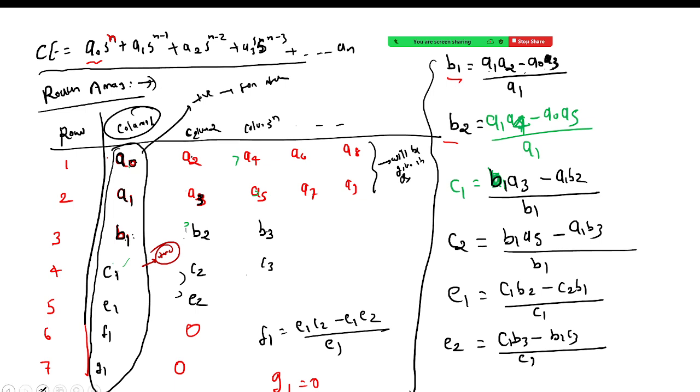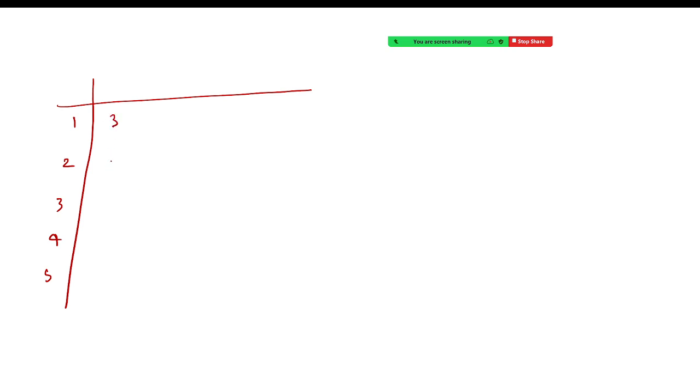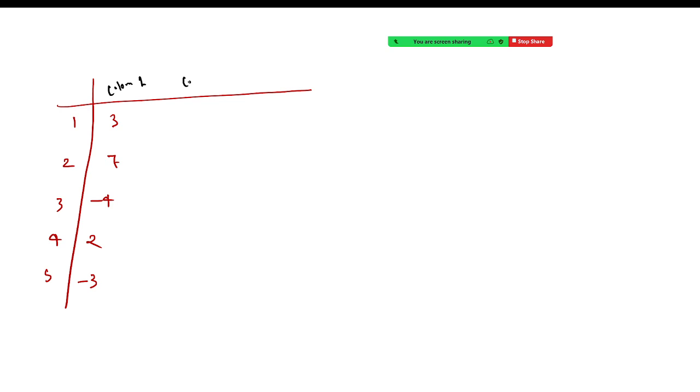But let's say you have made this particular column from the characteristic equation, rows 1, 2, 3, 4, 5. Here you have got, let's say, 3. Here you got 7. Here you got minus 4. Here you got 3. 2. Here you got minus 3. In a problem, if you get this kind of coefficients in the first column, you see this one is positive, this one is positive, but this one is negative.